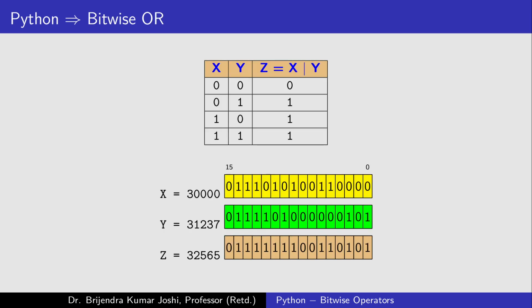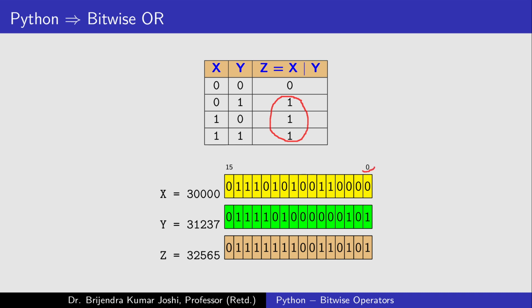Most of you may be knowing it. This is bitwise OR. The point to be noted is, if any of the inputs is 1, the output is going to be 1. This is the property of bitwise OR. Here I have assumed that the size of a number, or integer, is 16 bits only.